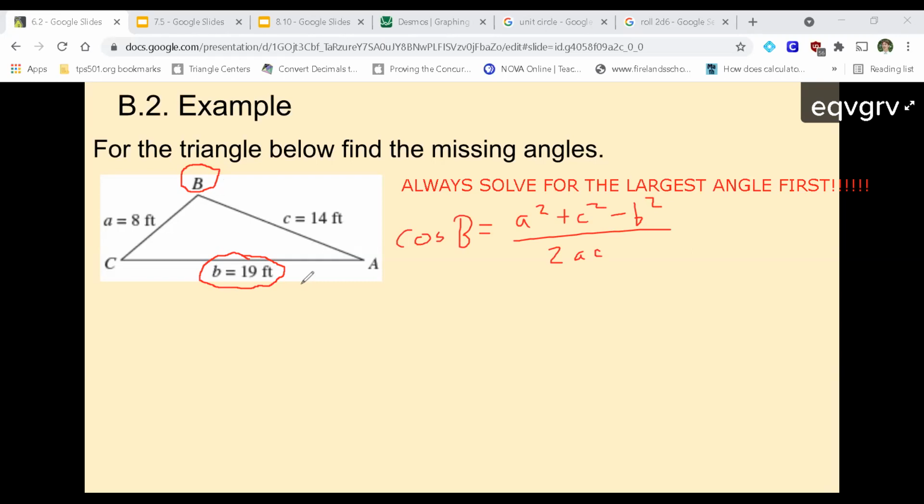All right, I'm going to solve this a little bit longer way than you'll do on the homework, just to demonstrate to you why this statement is so important. If we plug in our values for this form, we get the cosine of B is equal to 8 squared plus 14 squared minus 19 squared over 2 times 8 times 14.